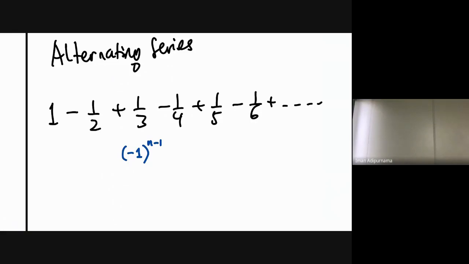Because here it's 2 minus 1, it's negative. It's correct. And 3 minus 1 is 2, it's positive, etc. Actually, you can do it any way you prefer, as long as it's correct. That's okay. But I just need to follow the textbook. And then the other part will be the value. It's just 1 over n.